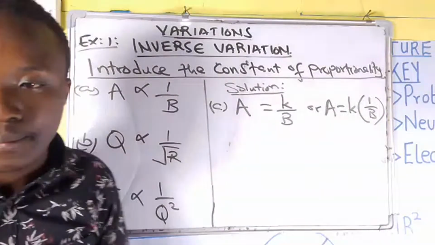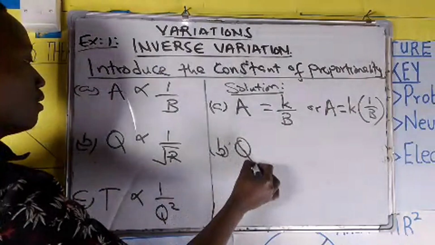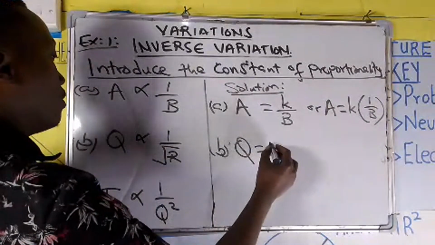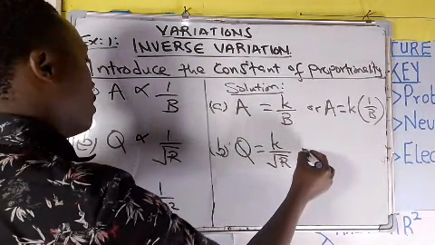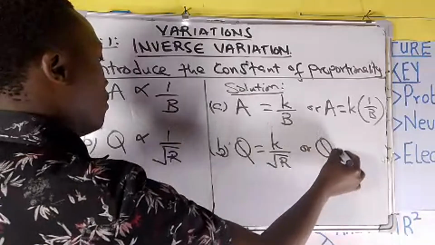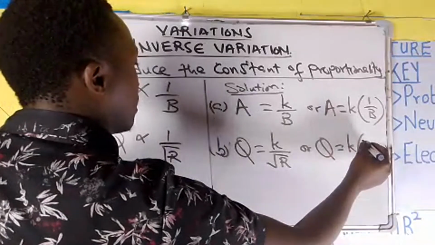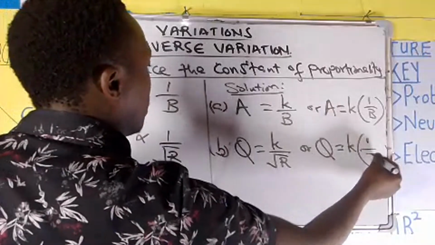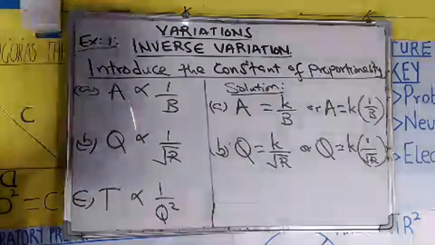It is the same. The second one is going to be Q is equals to K over square root of R, or Q is equals to K into brackets 1 over square root of R. It makes no difference.